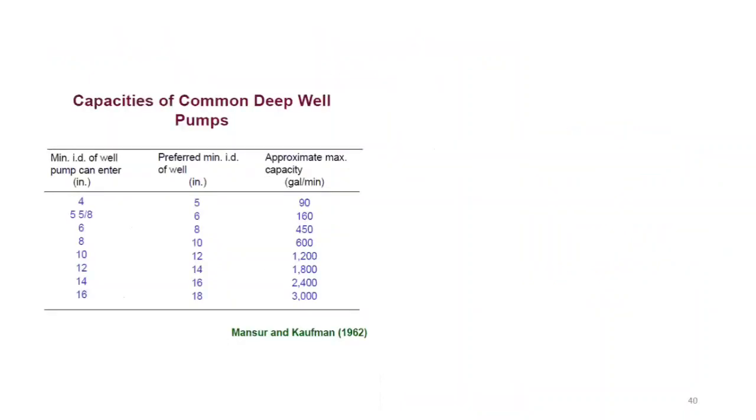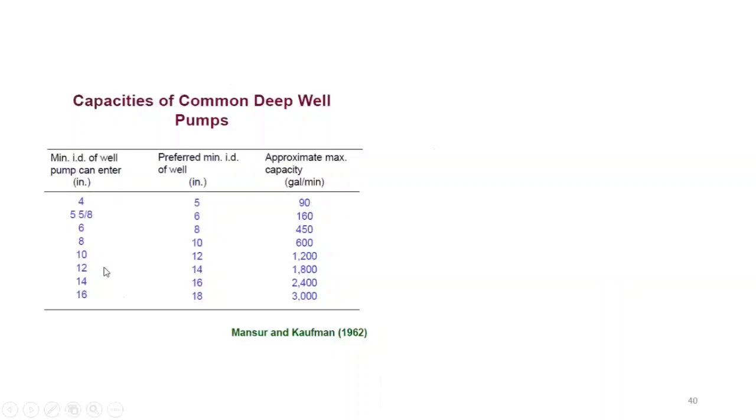This is just a table giving you the approximate capacities of common pumps used in deep wells. The capacity of the pump depends on the inner diameter. ID over here stands for the inner diameter of the well. For example, for a 4-inch diameter, the approximate maximum capacity in gallons per minute is about 90, and so on.